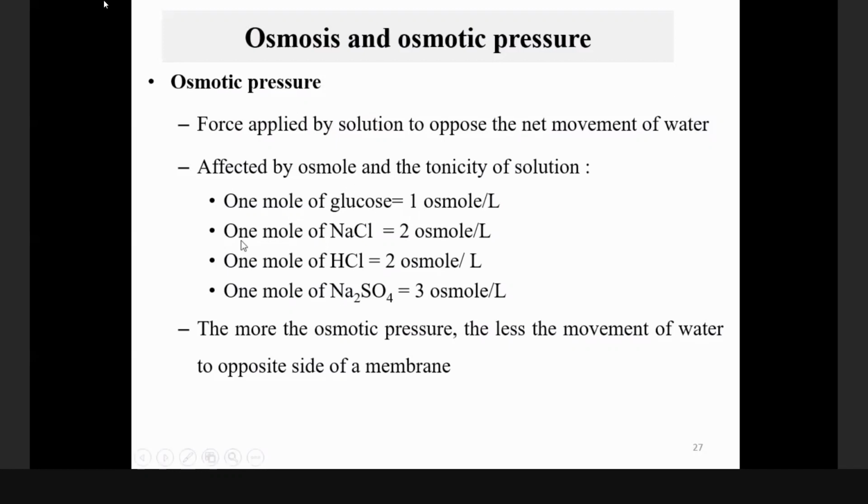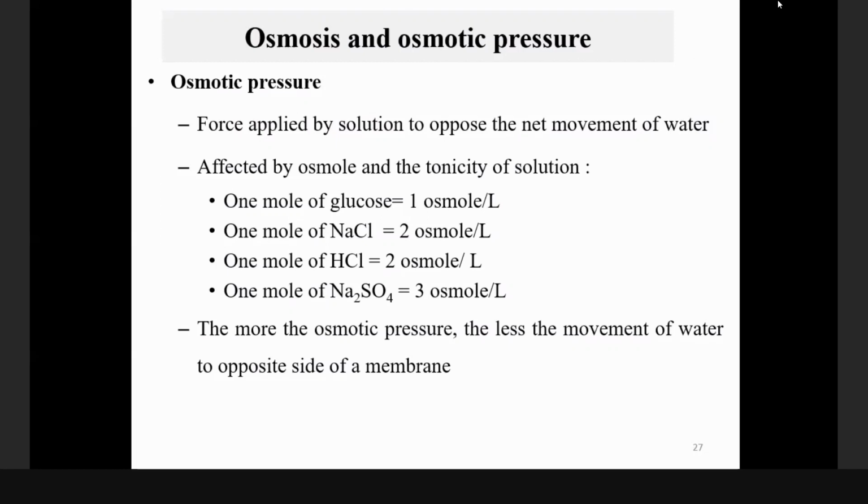So from these molecules, which of them has the highest osmotic pressure? Sodium sulfate, because osmotic pressure is affected by osmotically active particles. So it is sodium sulfate that contains more osmotically active particles, the 3 osmotically active particles, than the others.